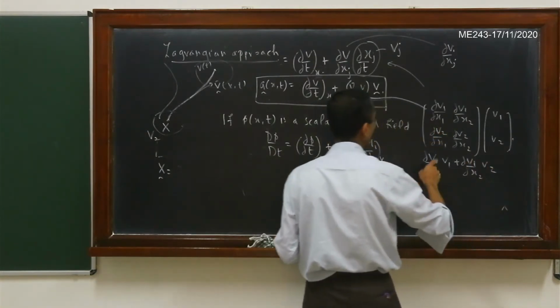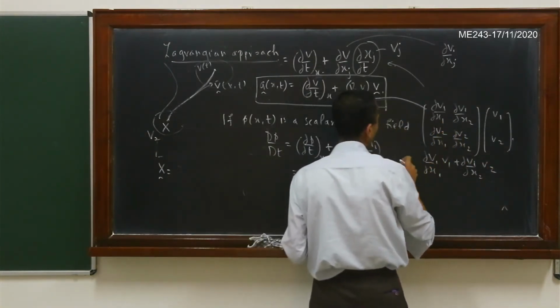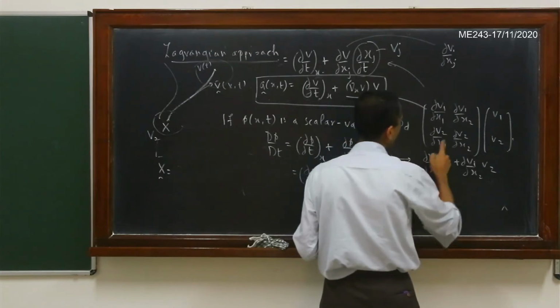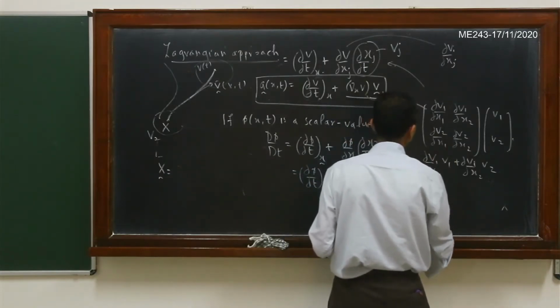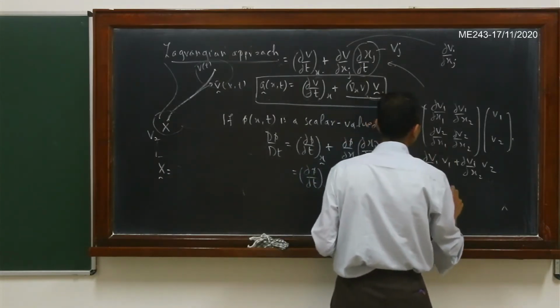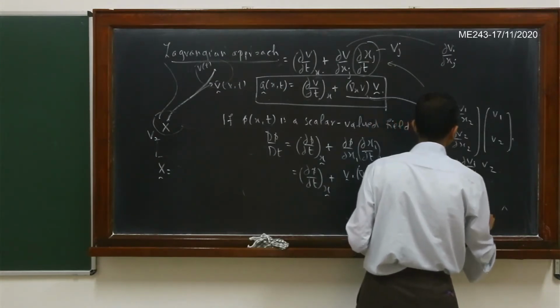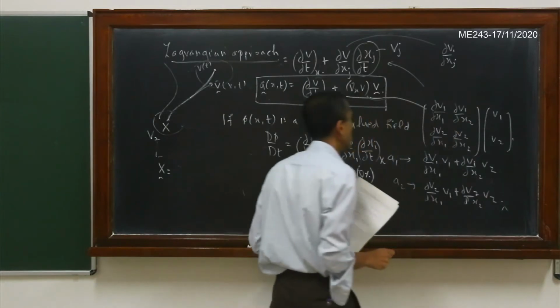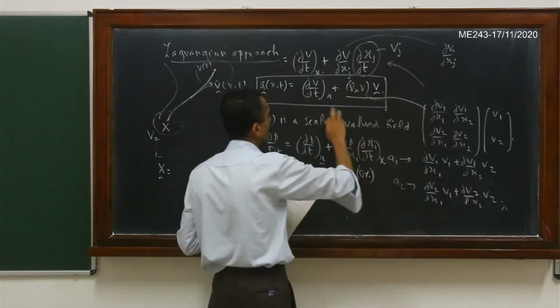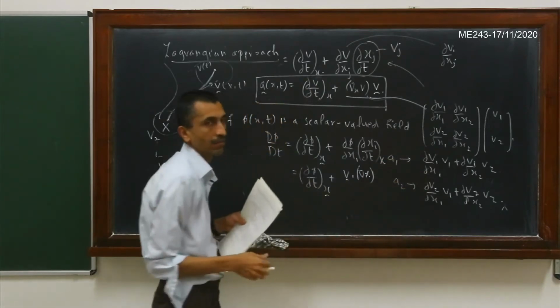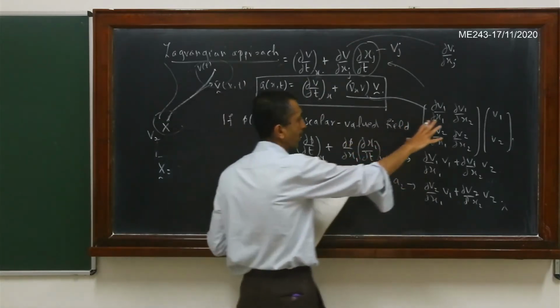This will be the term for the A1. And then for the A2, that will be del V2 by del X1 times V1 plus del V2 by del X2 times V2. I am talking only of this term. In addition, of course, this term will also be there, but I am just showing the nonlinear term.